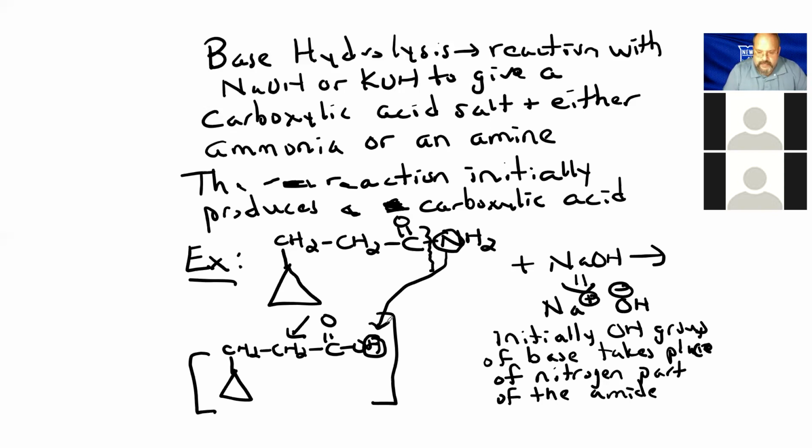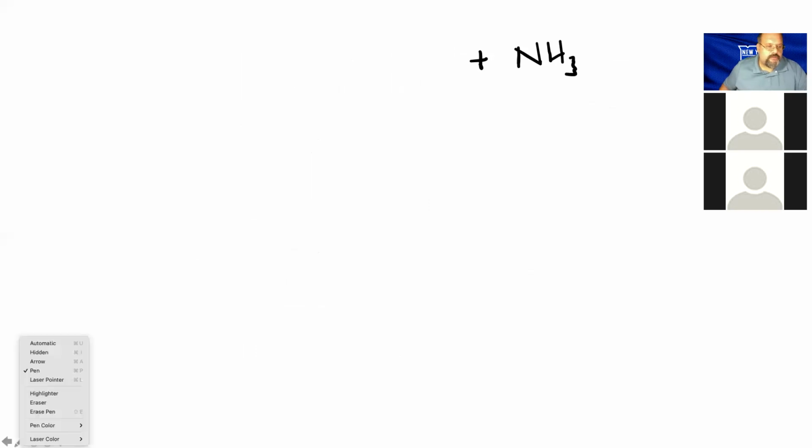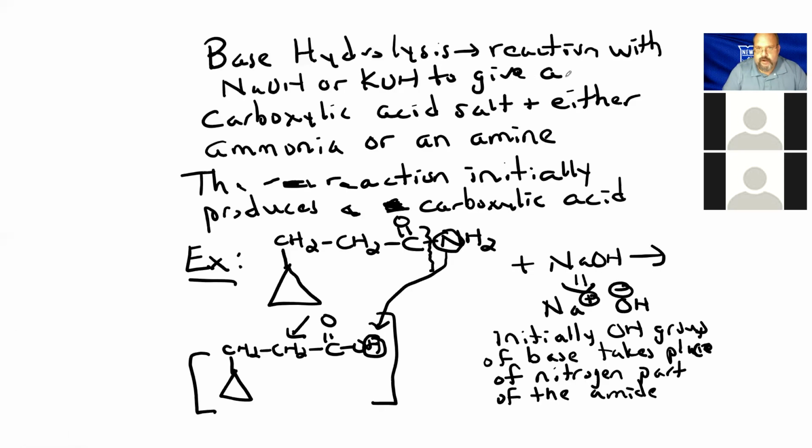So in this case, that nitrogen goes from having 2 hydrogens to now having 3. So the nitrogen product in this reaction is going to be NH3. And of course, NH3 is what substance? NH3 is ammonia. So that's the first product of the reaction.